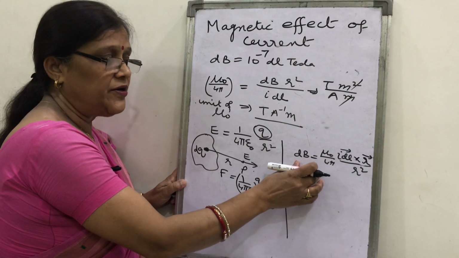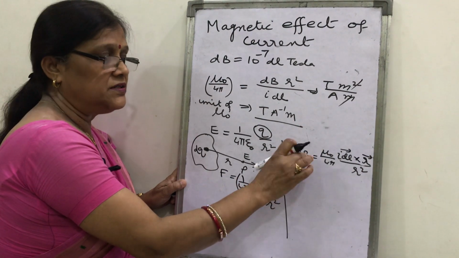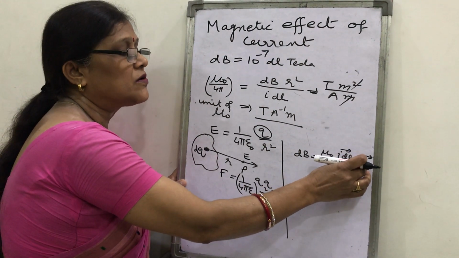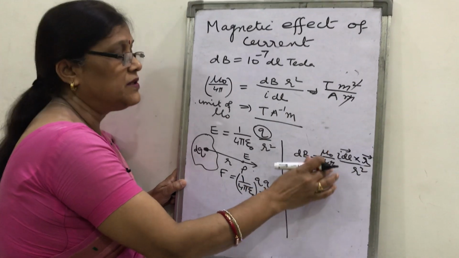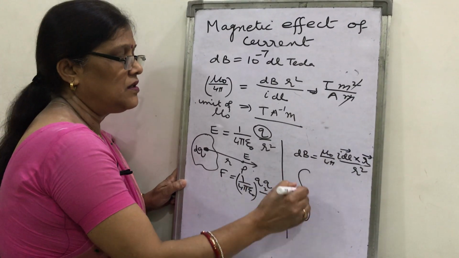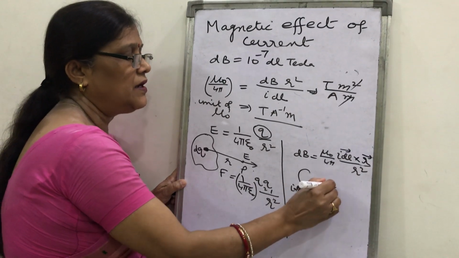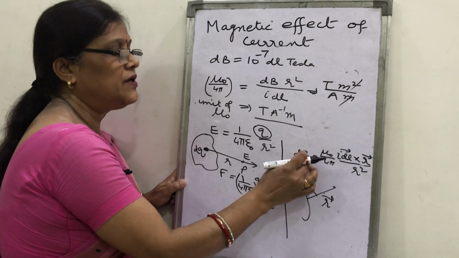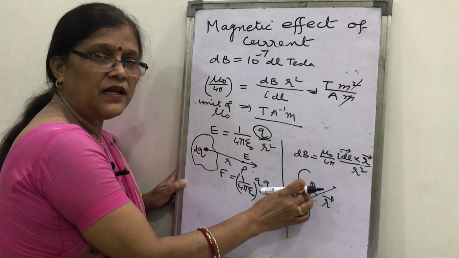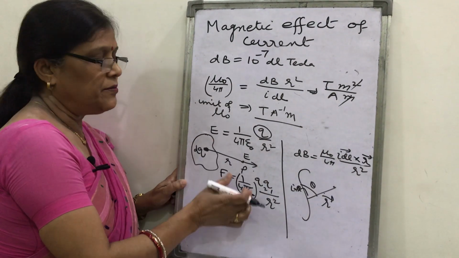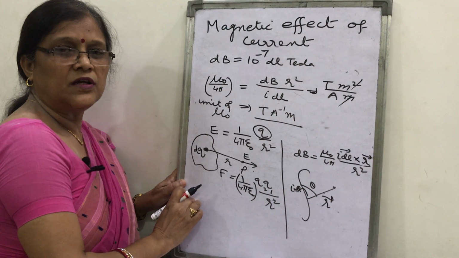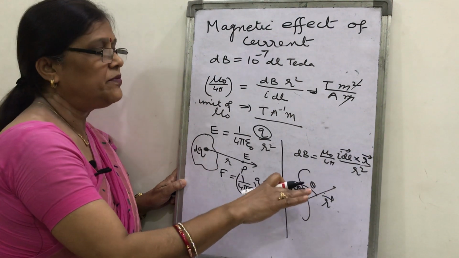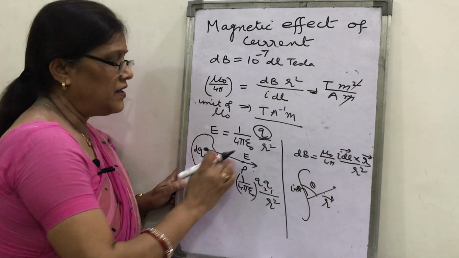Here the magnitude of the magnetic field doesn't depend only on the square of distance, but also on I dl cross r, that is, on the angle between the current element and the displacement vector r. So the magnitude of the magnetic field depends on the distance as well as the angle, while the magnitude of the electric field depends only on the distance. The direction is along r for the electric field, and perpendicular to the plane for the magnetic field. The source of the magnetic field is a vector, here it is a scalar.